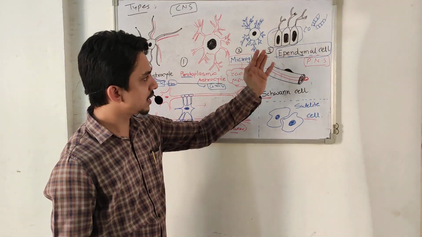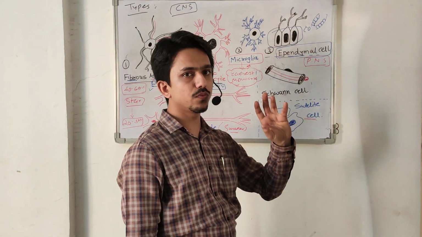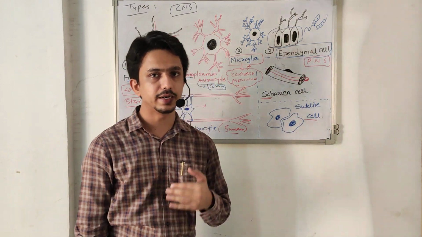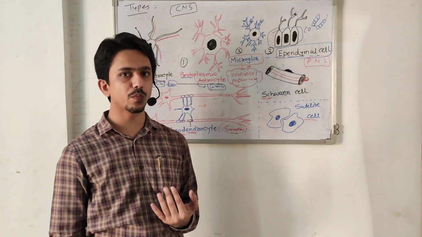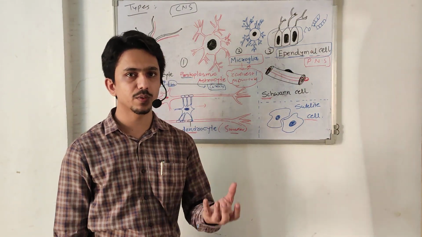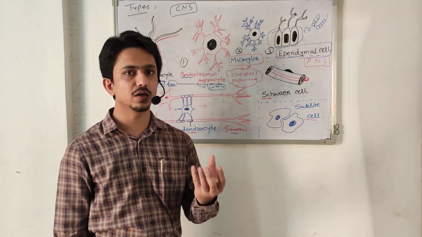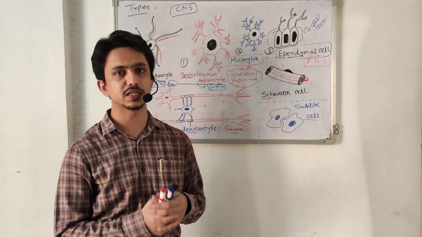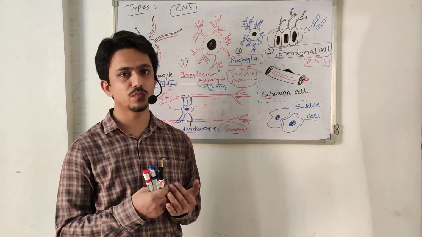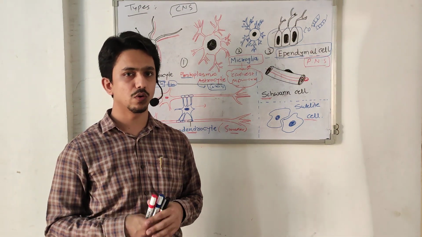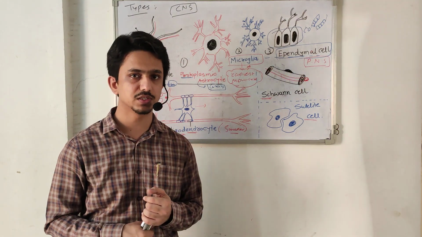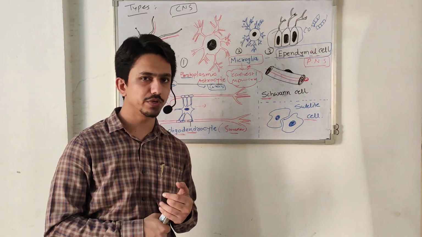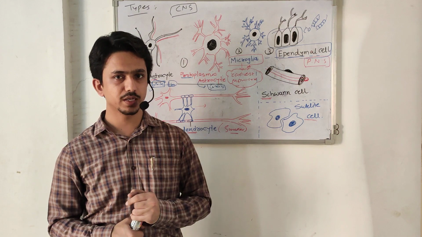So ependymal cells are responsible for formation of CSF and direction of CSF flow, and they also maintain the internal environment. They maintain the constant environment of CSF. They are also responsible for maintaining the ionic balance or composition of CSF, cerebrospinal fluid, which is our next topic.